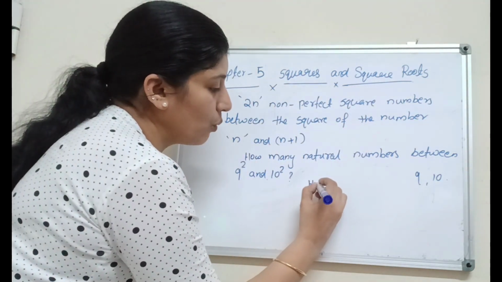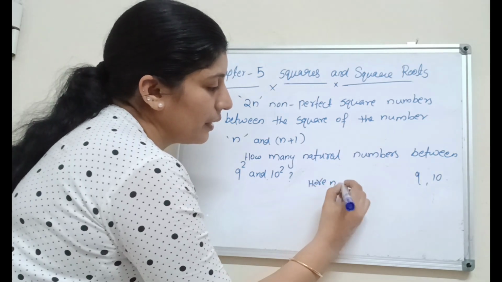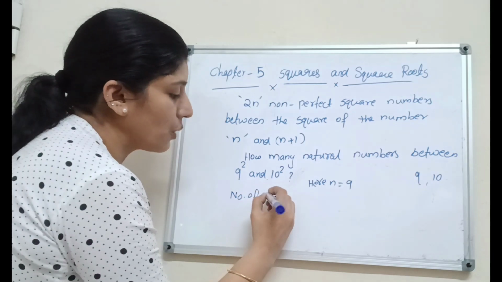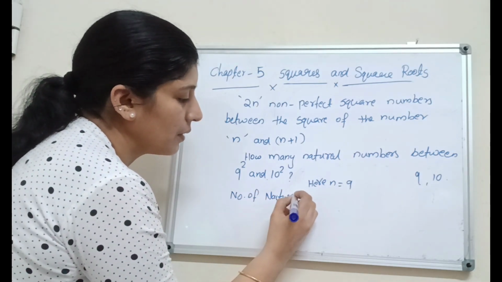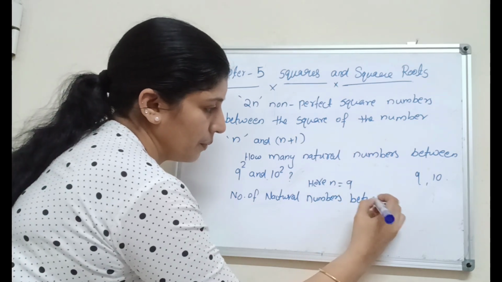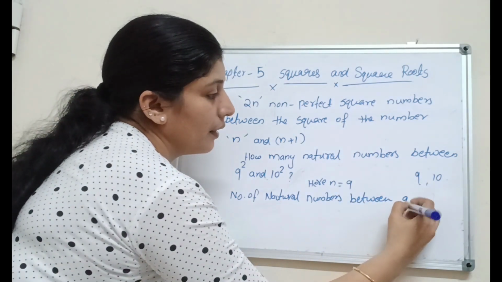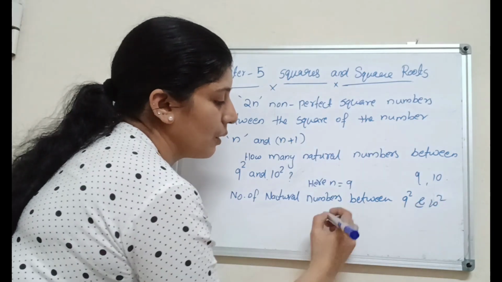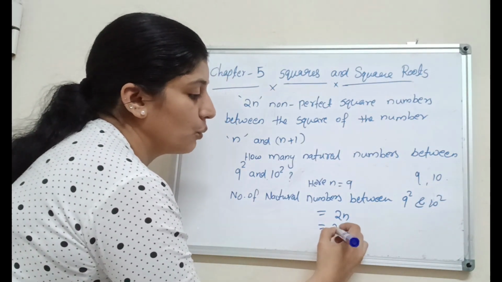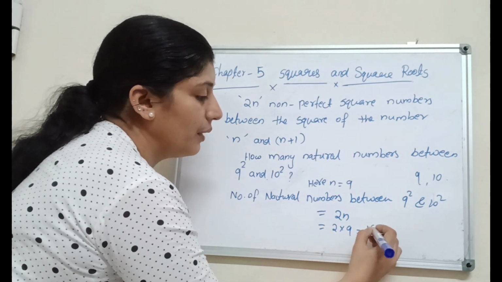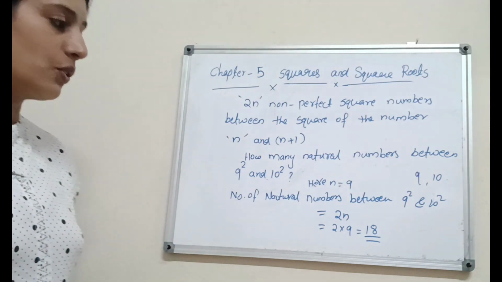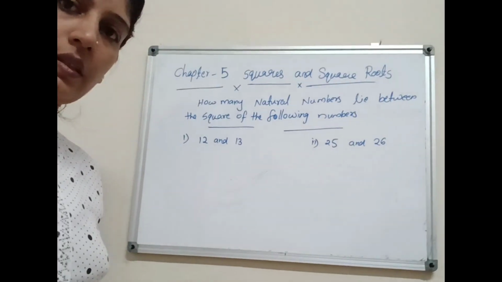Now here n equals 9. Therefore, the number of natural numbers between 9 square and 10 square is equal to 2n, that implies 2 into 9, which is equal to 18.